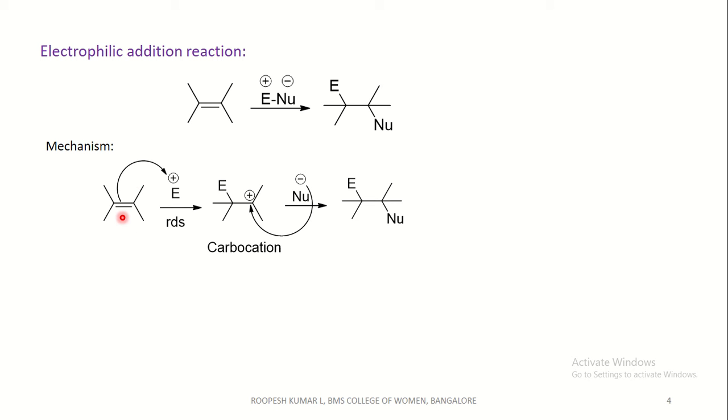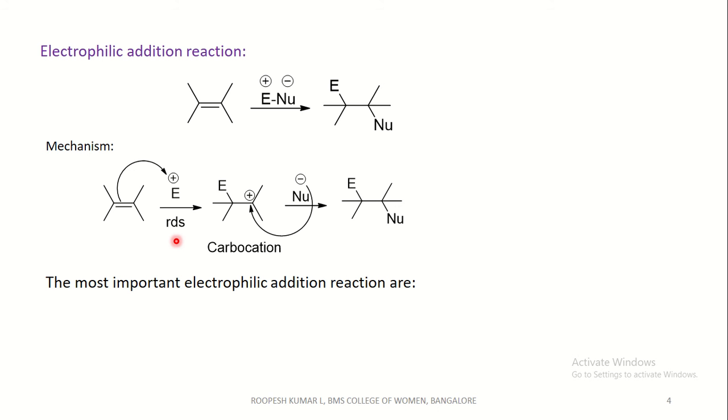Tetramethyl ethylene reacts with an electrophile. Since this is a polar molecule, the double bond attacks the electrophile. We get a corresponding carbocation. Next the nucleophile comes and attacks this carbocation to form the corresponding alkane. The first step is generally the rate determining step, which is the slow step.